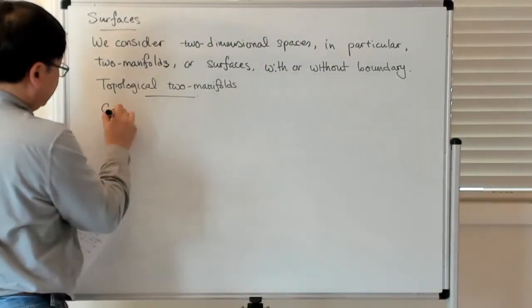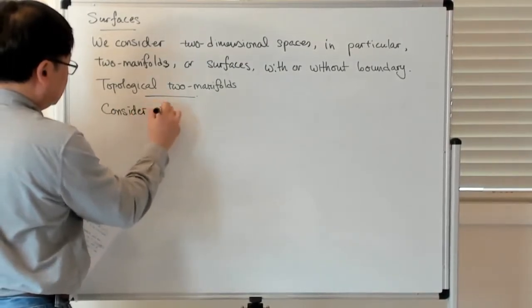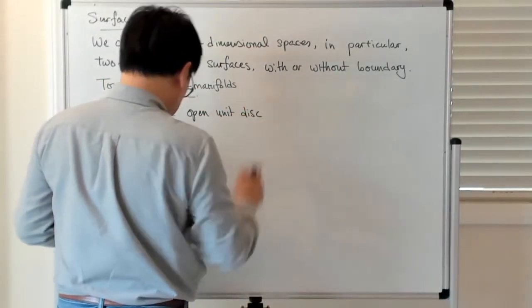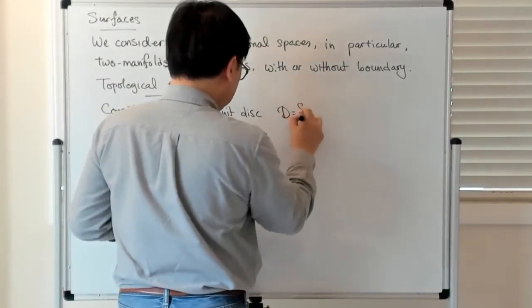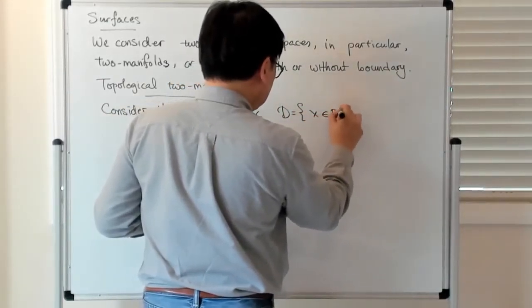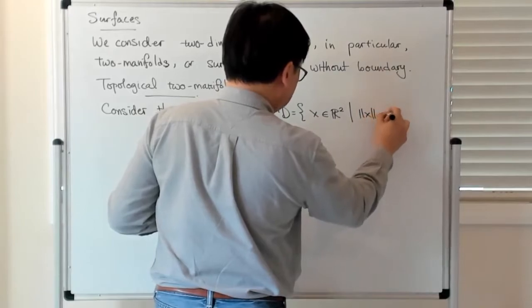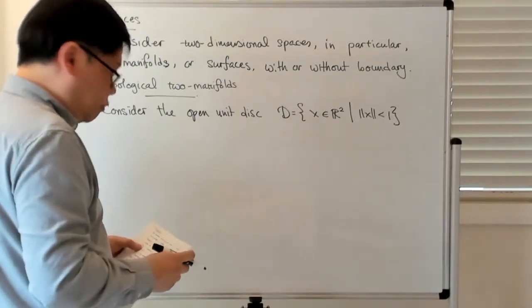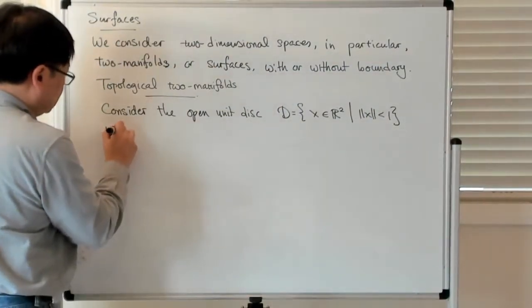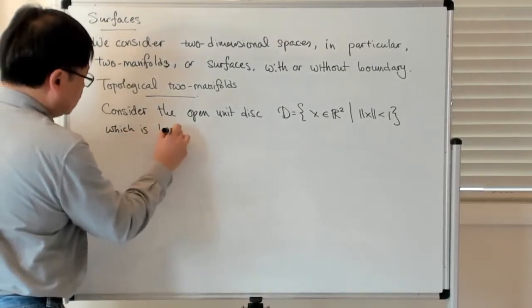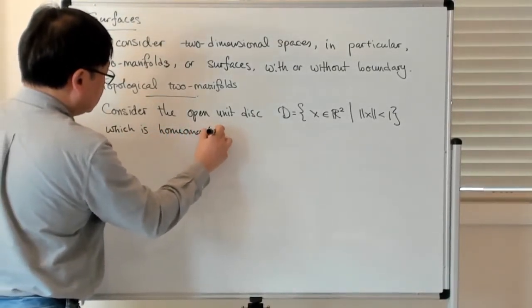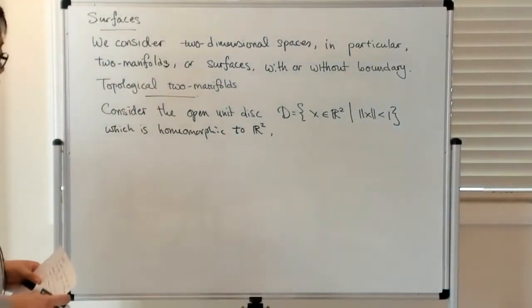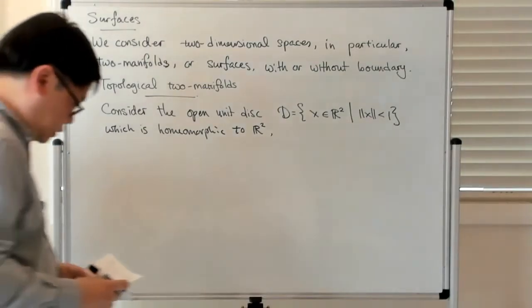So let's consider the open unit disk, D, which is the set of x in R2 with the property that the norm of x is strictly less than 1. You can check that this is homeomorphic to R2. The easiest way to do this is to exhibit an example of a homeomorphism.